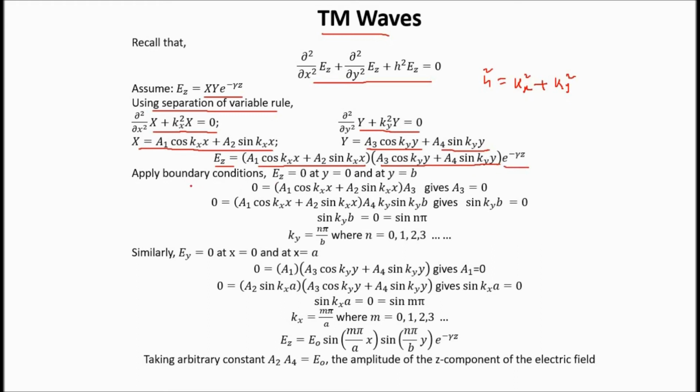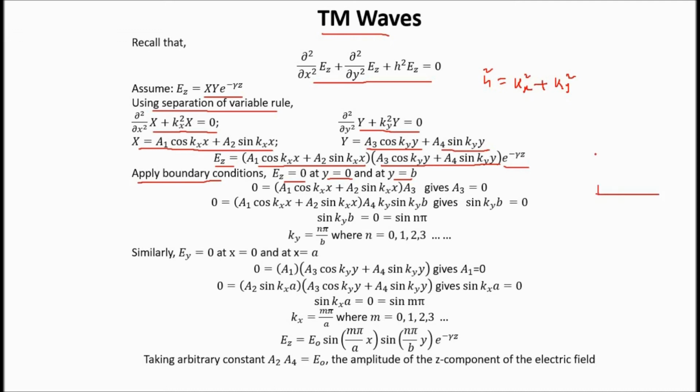We apply the boundary conditions like Ez equal to 0 at y equal to 0 and at y equal to b. Inside the metal there will be no electric field. So put Ez equal to 0 at y equal to 0 and y equal to b.